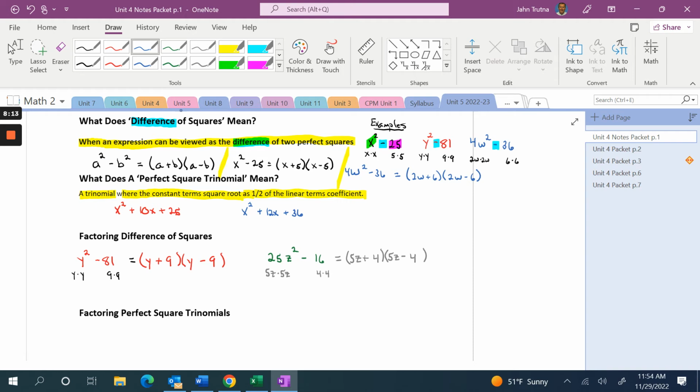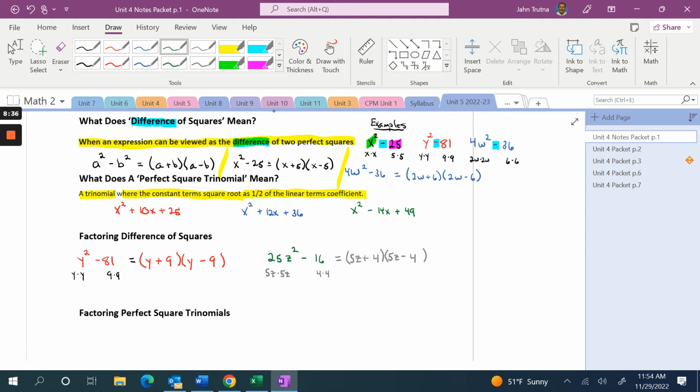That would fall under the category of a perfect square trinomial, okay? Next one, let me give you one more. X squared minus 14x plus 49. That would be an example of a perfect square trinomial.